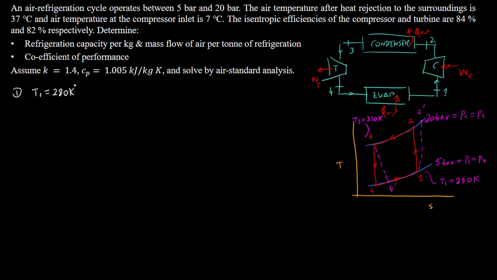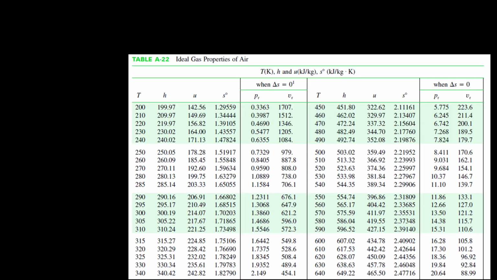And so if we go to the air data table, what we see is that we've got temperature here, and across this we can read enthalpies. So across 280 kelvins, because this is in kelvins, we got enthalpy given to us, which is 280.13 kilojoules per kilogram.